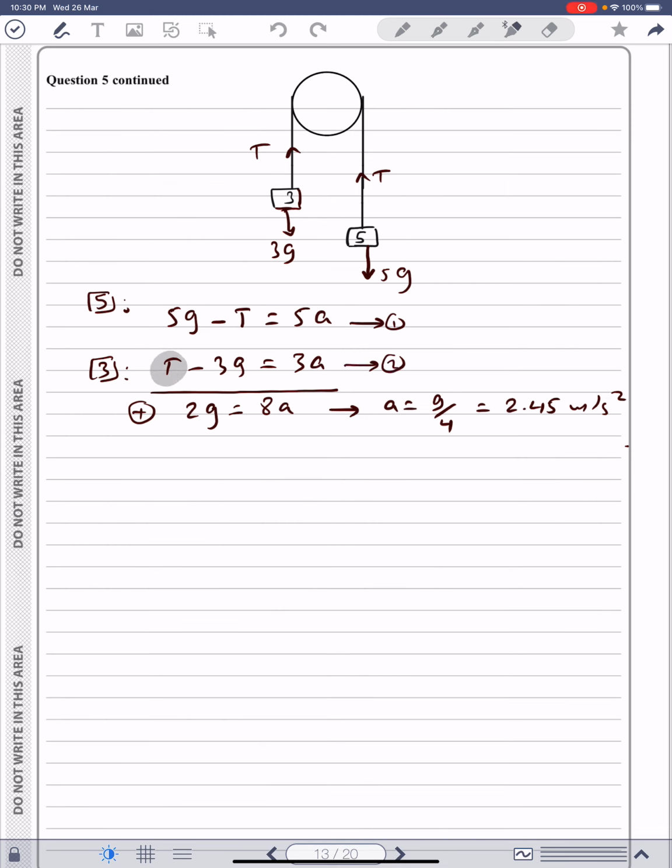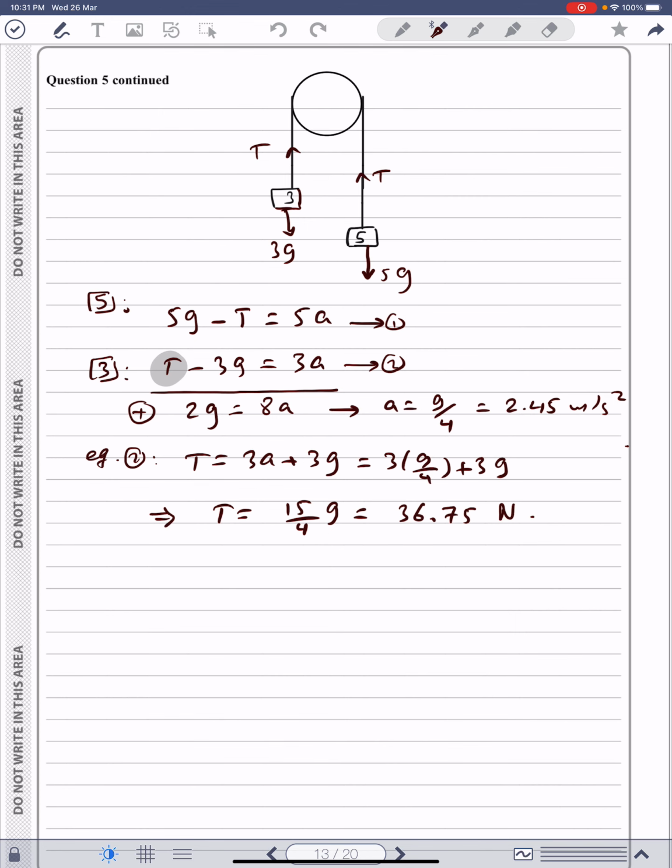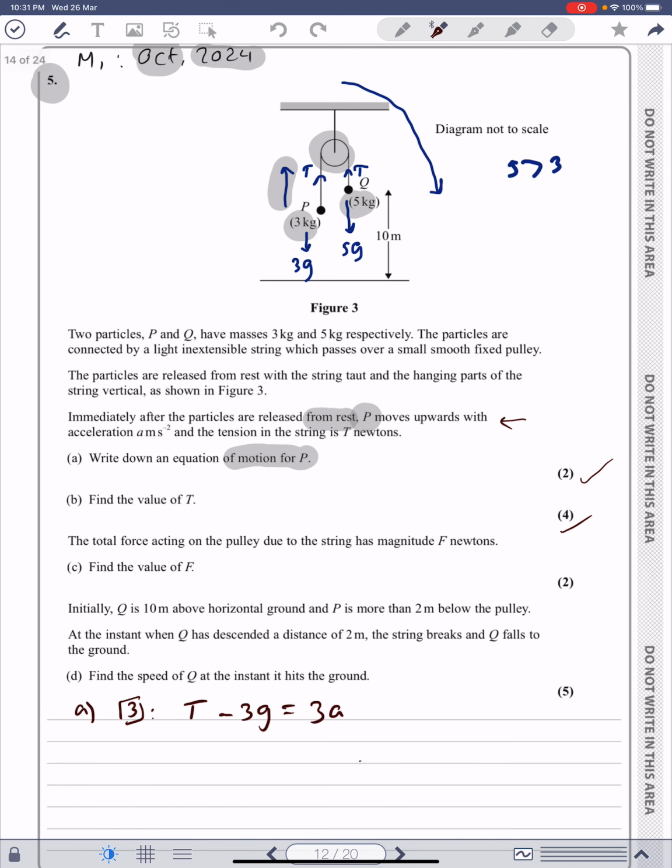Since T here is positive, by equation 2, make T the subject: T equals 3A plus 3g, which is 3 times g over 4 plus 3g. So this implies that T is equal to 15 over 4 g, in decimal 36.75 newtons, getting the full marks, which is 4.